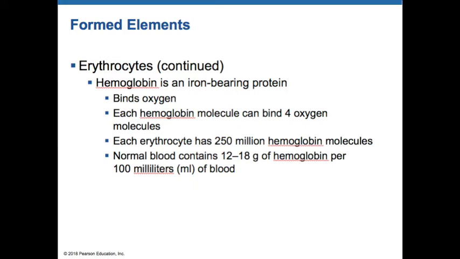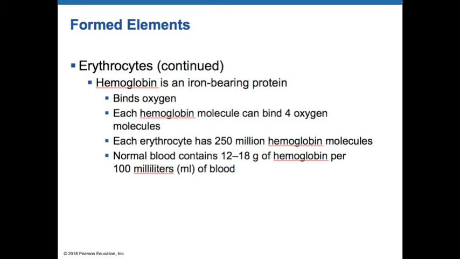Now, you're going to see that each hemoglobin protein is going to be composed of 4 subunits, or 4 smaller proteins. Each of these 4 smaller proteins within the hemoglobin protein will be capable of binding to one oxygen molecule, which means that per one hemoglobin protein, we're going to carry 4 oxygen molecules.